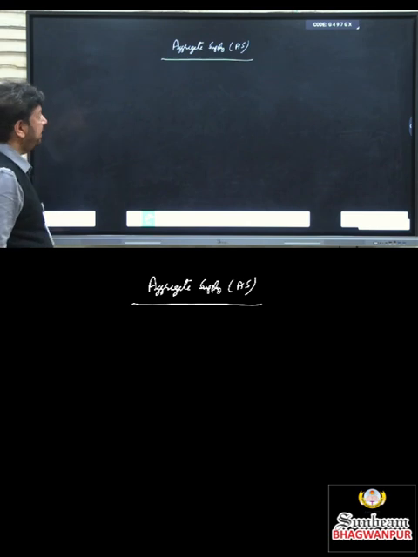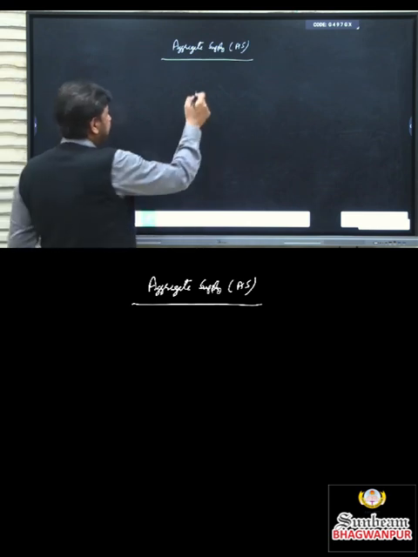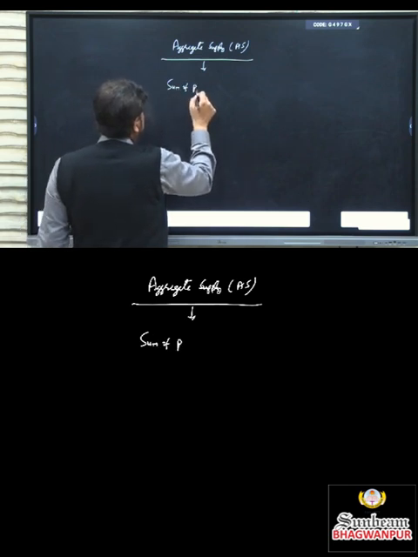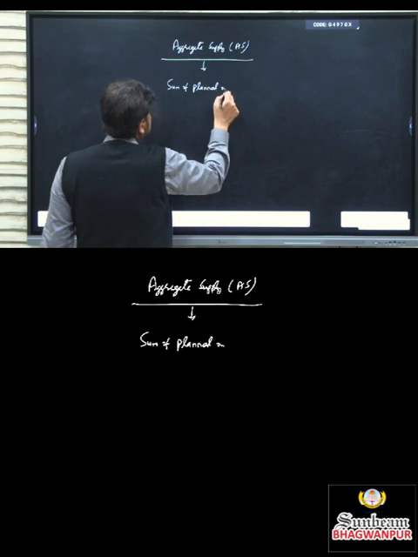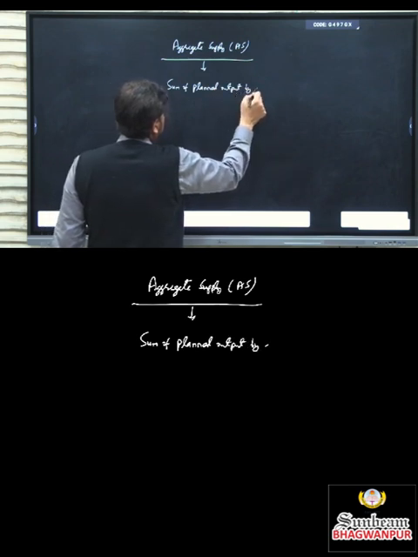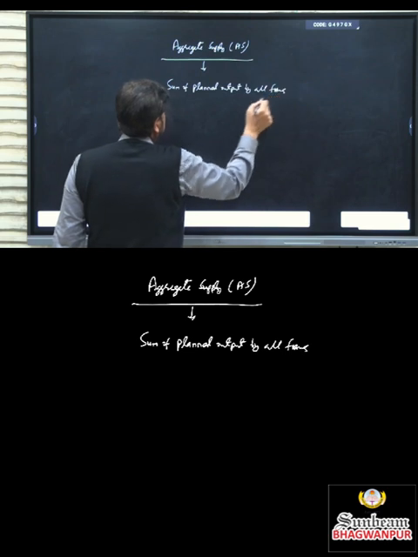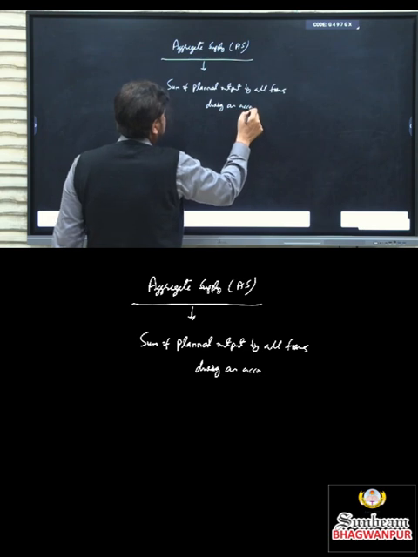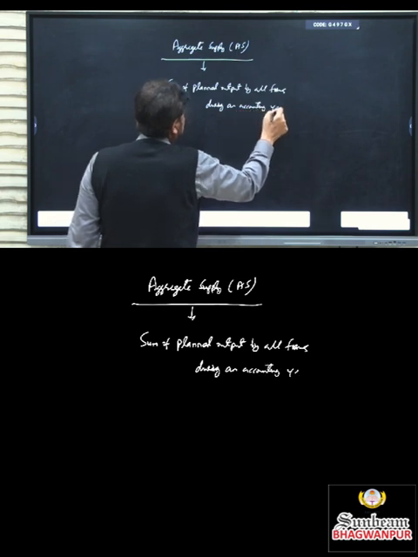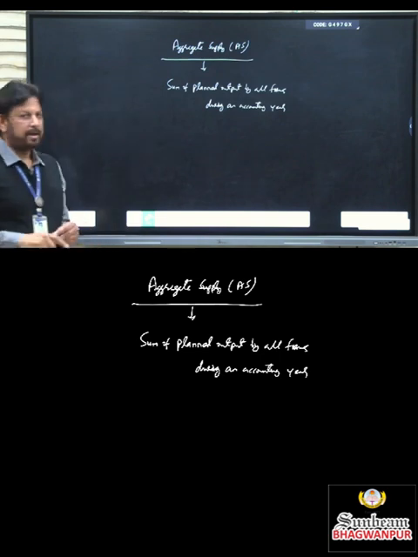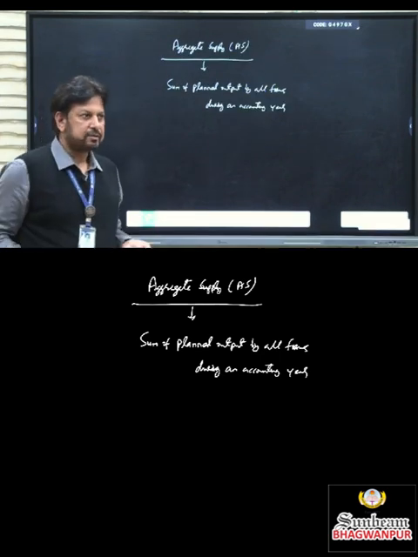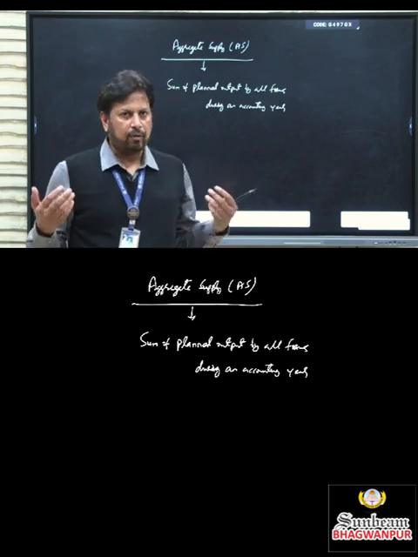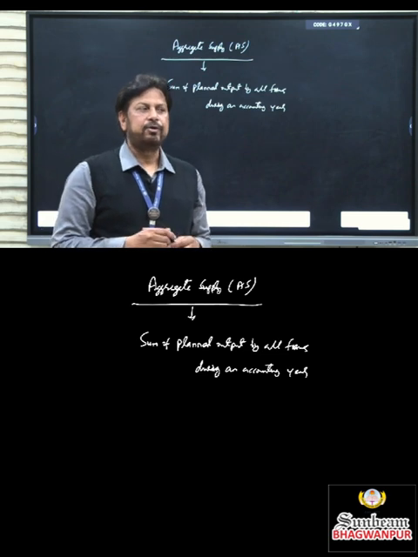Aggregate supply is actually the sum of planned output by all firms during an accounting year. Aggregate supply is the supply of all goods and services produced in the economy, or the sum of the planned output of all firms in the economy during an accounting year.